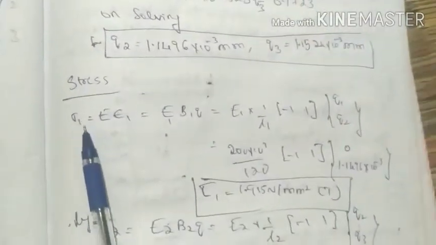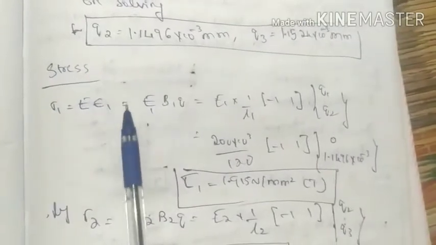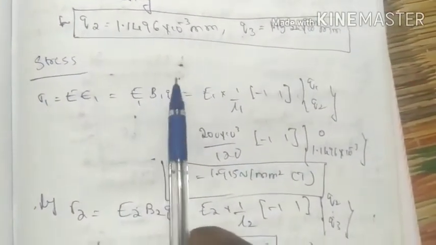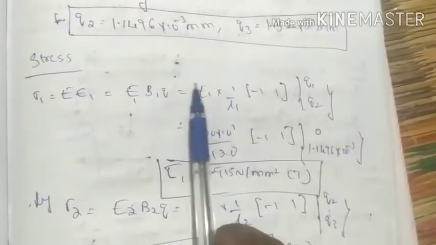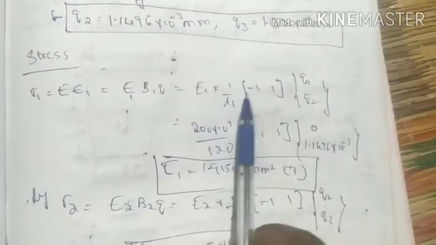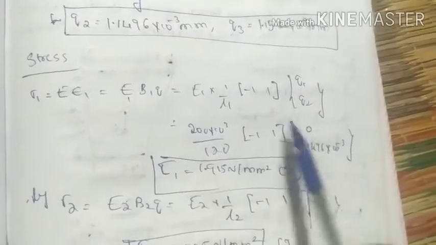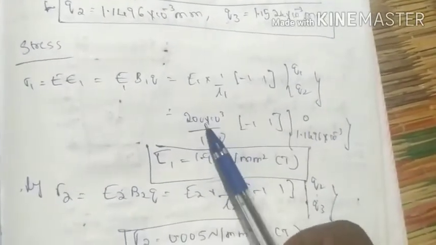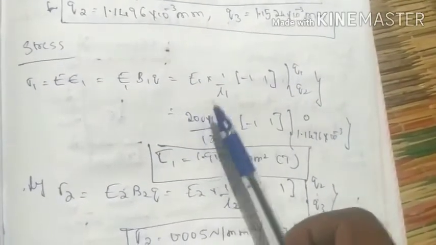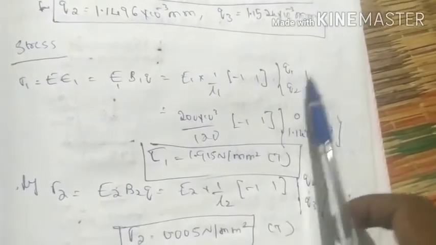And finally we need to find the stress. Sigma 1 is E into epsilon 1. Epsilon means B1 into Q. Again B1 means 1 by L1 times minus 1 and 1. E1 equals E, since it is made up of only one material, that is 2 into 10 raised to 5. Substitute the Q1, Q2 values.